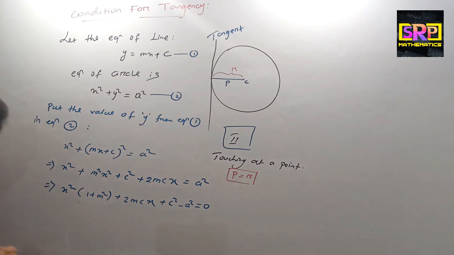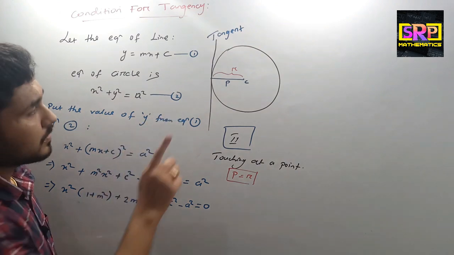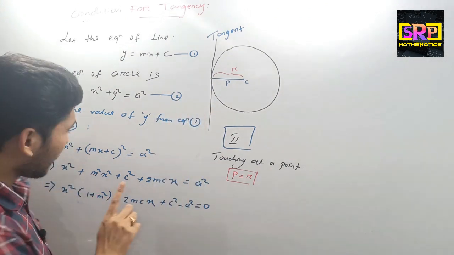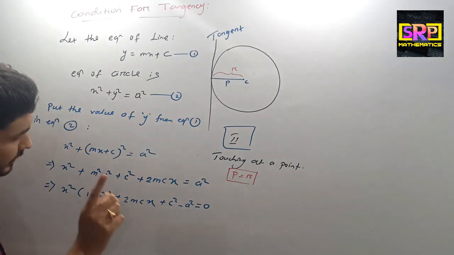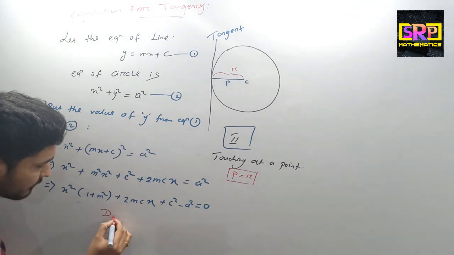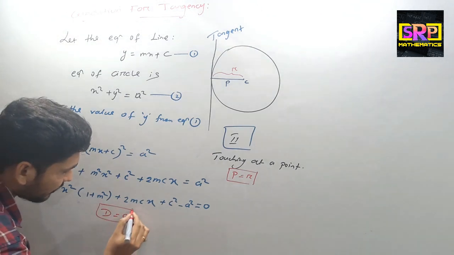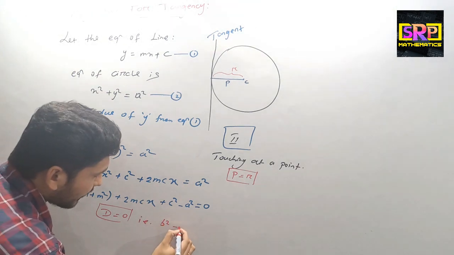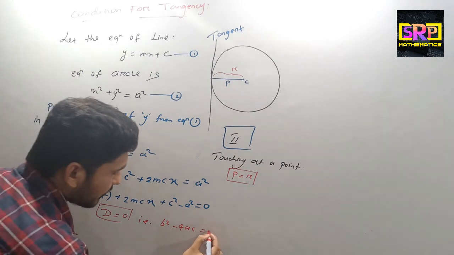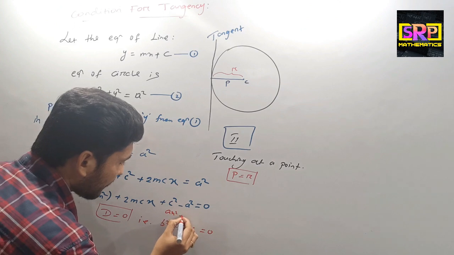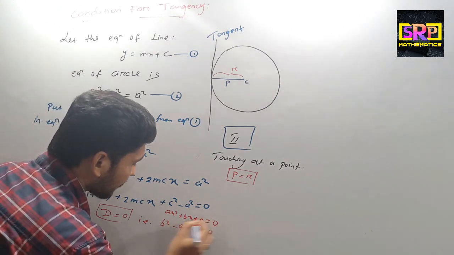Now, if we are getting common roots, that means we are getting one solution. That means this quadratic equation will have real and equal roots. When we get real and equal roots, we know that our discriminant is equal to 0, that is b square minus 4ac is equal to 0, when our quadratic equation is ax square plus bx plus c is equal to 0.